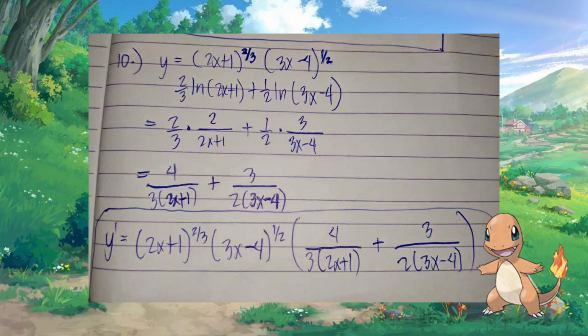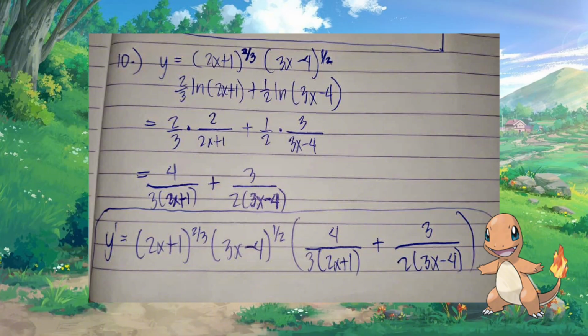And next, we need to multiply by the two given. And the answer is 4 over 3 times 2x plus 1 plus 3 over 2 times 3x minus 4.